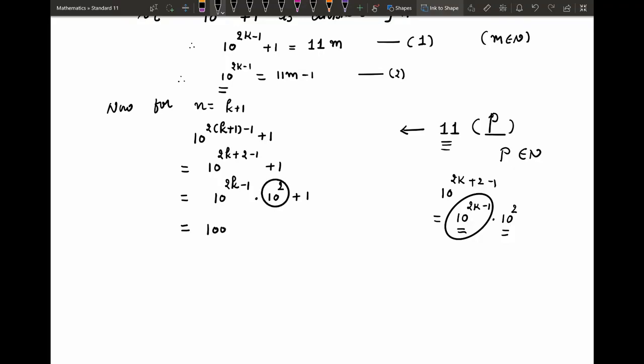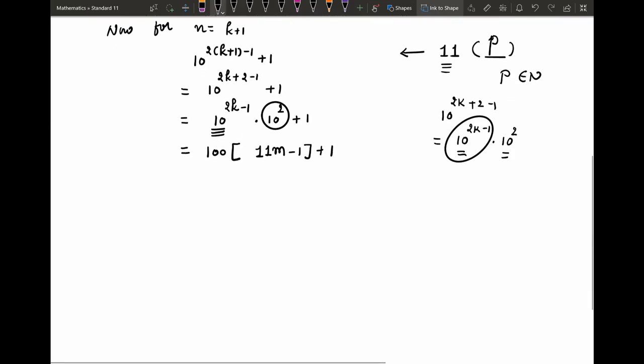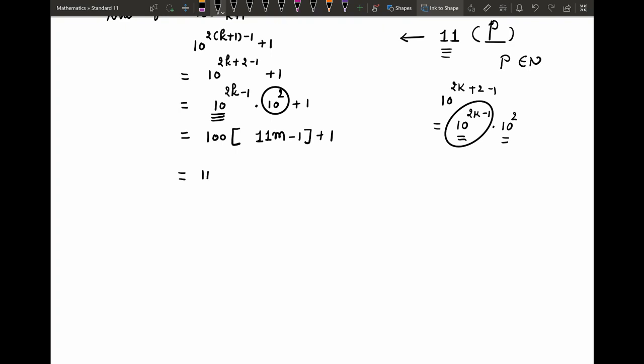So 100 into bracket. Now put the value of 10 raised to 2k minus 1 using result 2. So this is 11m minus 1 plus 1. Now when we simplify, this is 11m into 100 minus 100 plus 1. So this is nothing but 11m into 100 minus 99. So now we can take 11 common.